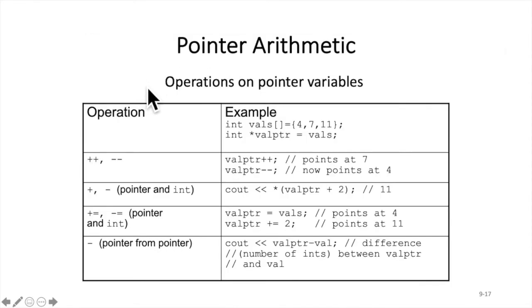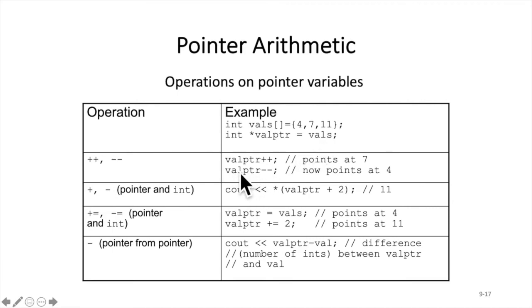Next, we're going to look at operations on pointer variables. Let's say we have this declaration of array vals, and the initialization of each element: the first element is 4, the second element is 7, and the third element is 11. We have a pointer valsPtr, and valsPtr points to the first element of array vals.